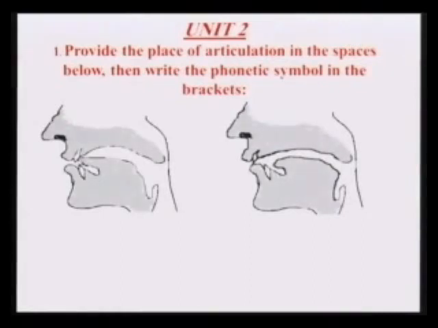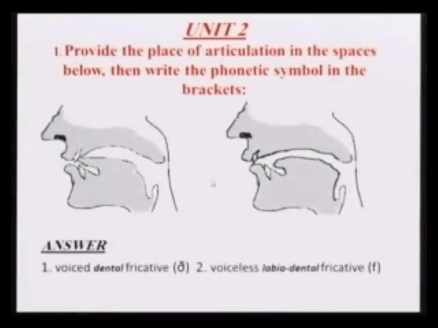The tip of the tongue is touching the upper teeth, and this one is the lower lip and the upper teeth. يعني هنا الـ upper teeth مع الـ tip of the tongue وهنا الـ upper teeth مع الليب. ده بنسميه ايه النطق ده وده بنسميه ايه؟ We're going to fill in the blanks. ده اسمه dental وده اسمه labiodental.